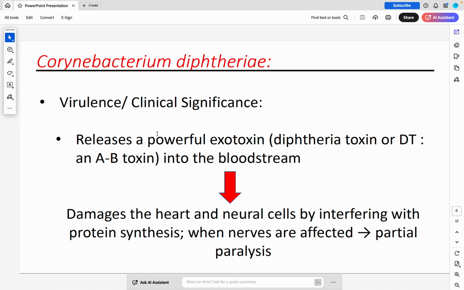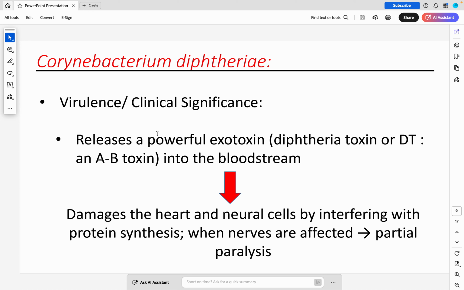As a review of what I talked about last time, the AB toxin is a powerful exotoxin produced by Corynebacterium diphtheriae. This AB diphtheria toxin is composed of an enzymatic component, the A unit, and a receptor related unit, the B unit.